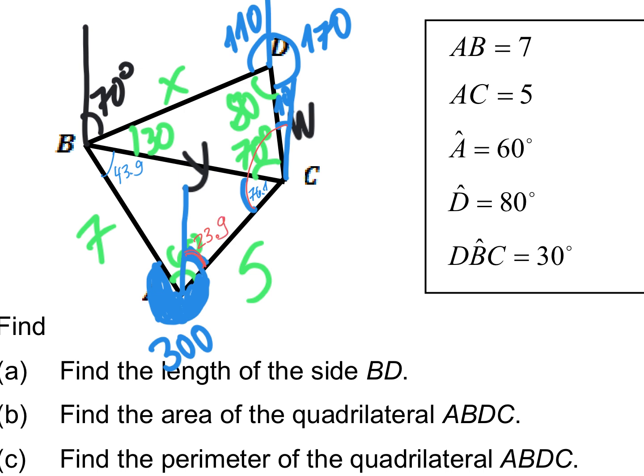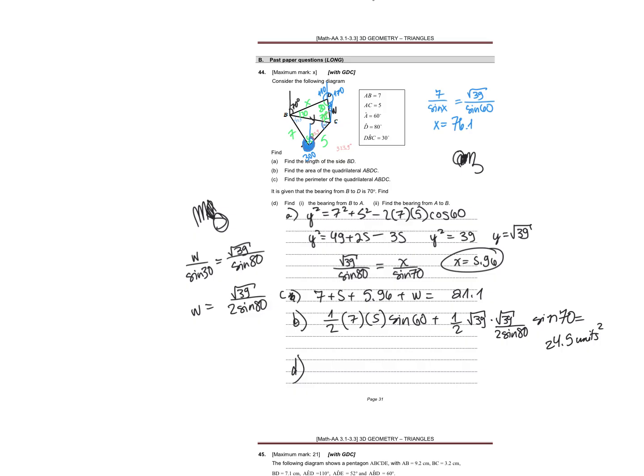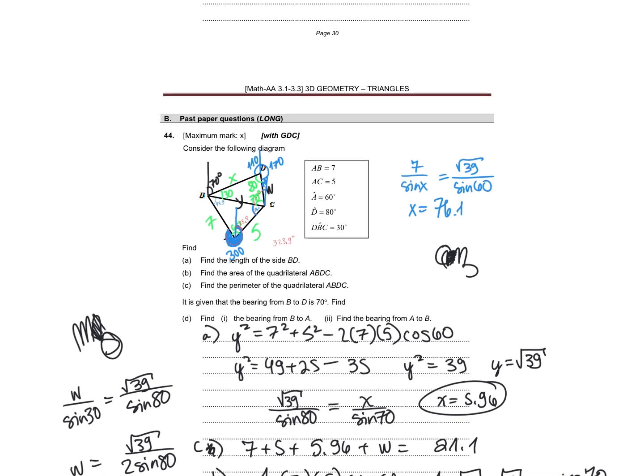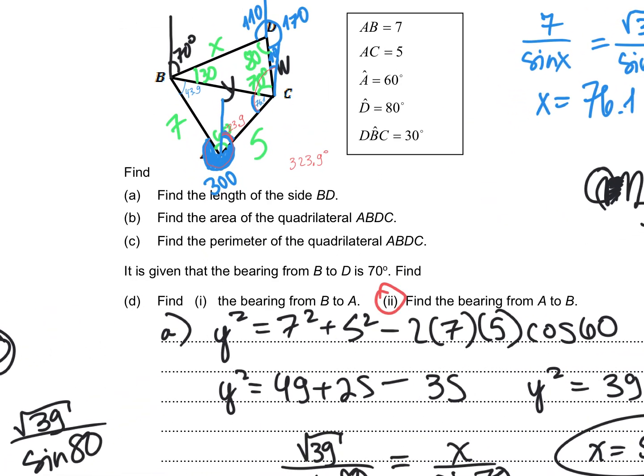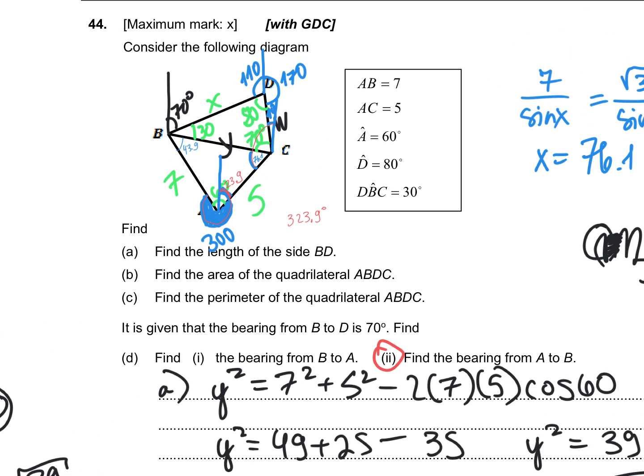So that whole bearing from A to B is going to be 323.9 degrees. Now, from B to A is actually, in yellow, this thing, which we have all of that. It's going to be 143.9.